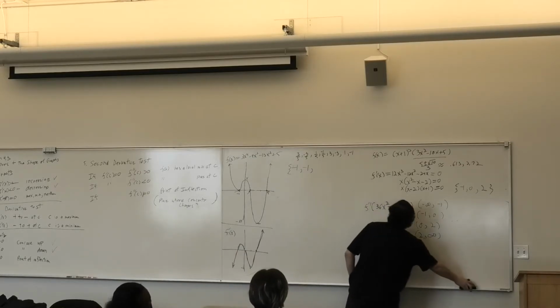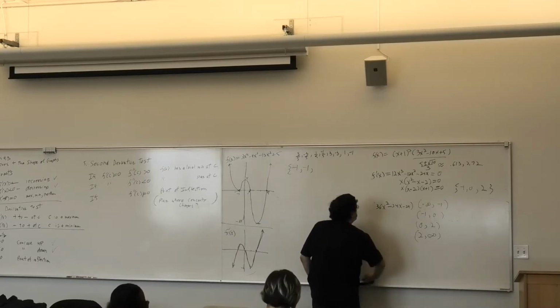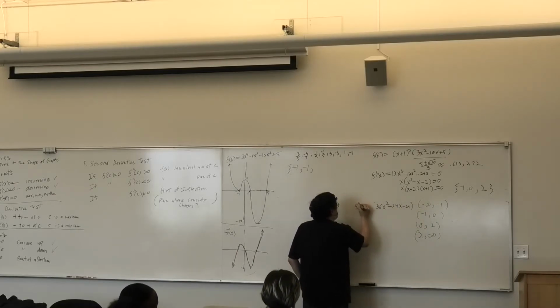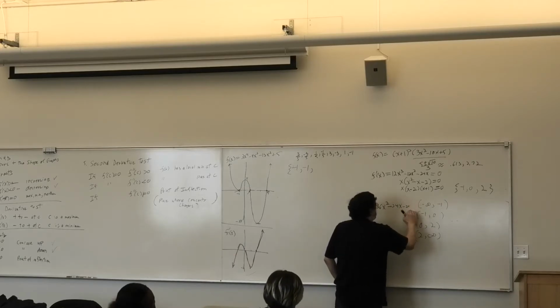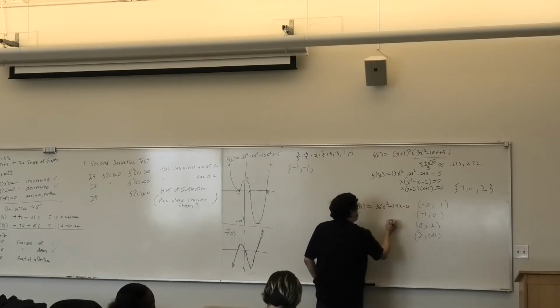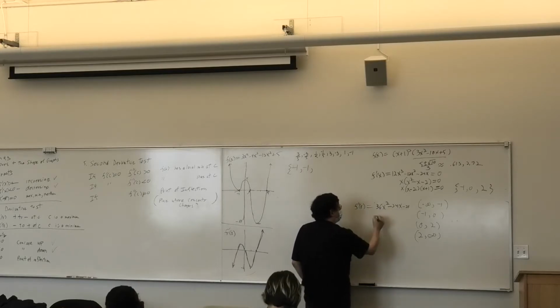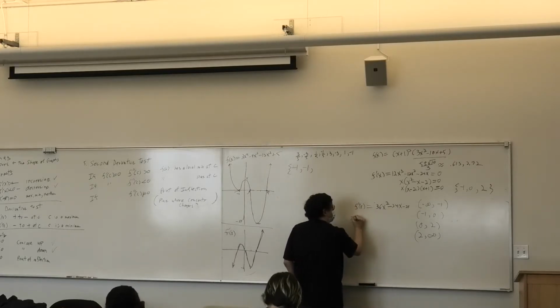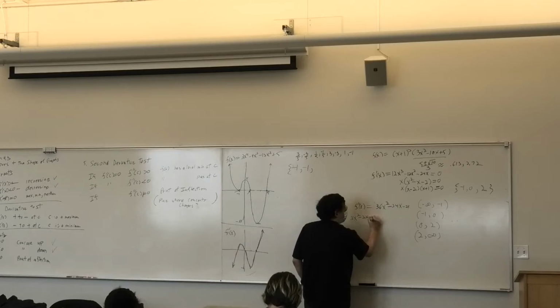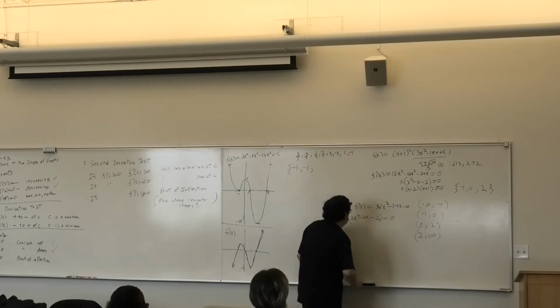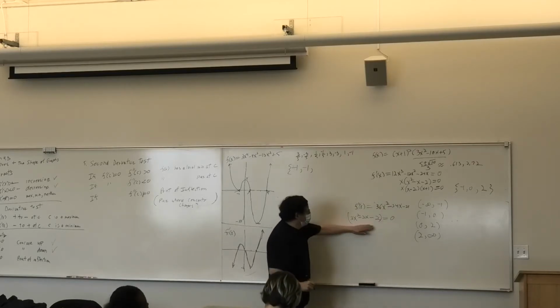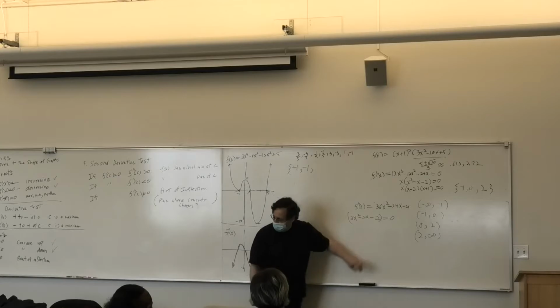And if we want to set that to 0, well, let's divide out by 12. That's 3x squared minus 2x minus 2. And what happens when we apply the quadratic formula?